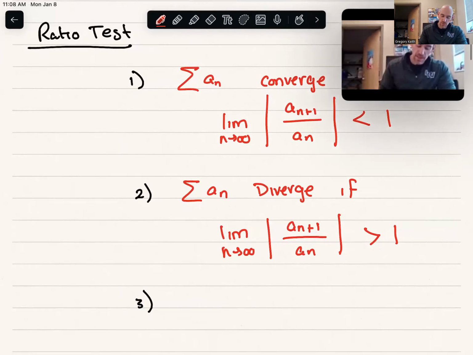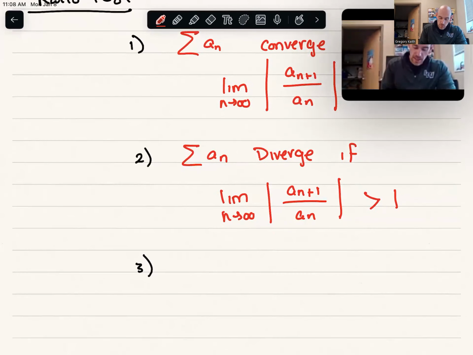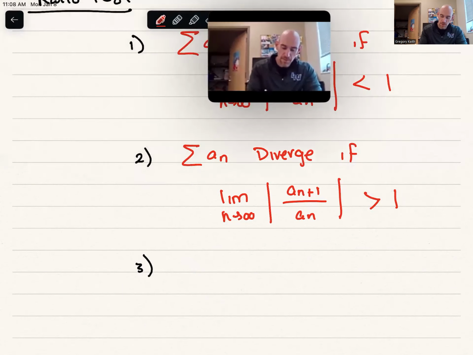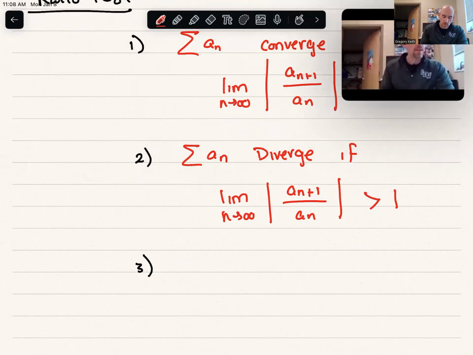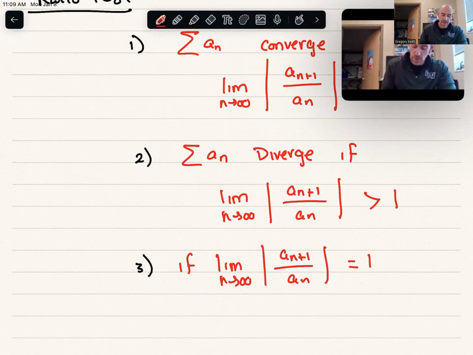Now, kind of the kicker that goes with the ratio test is that if you get 1, if the limit as n goes to infinity of a sub n plus 1 over a sub n is equal to 1, it is inconclusive.